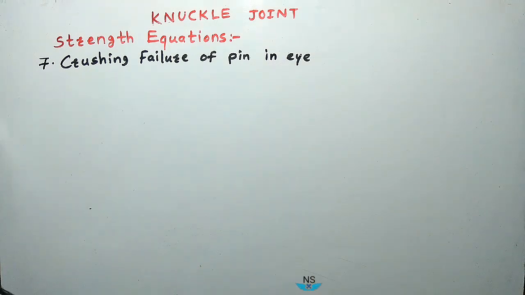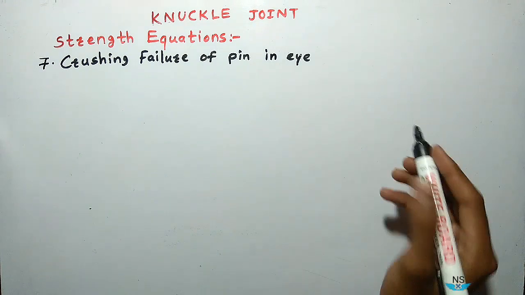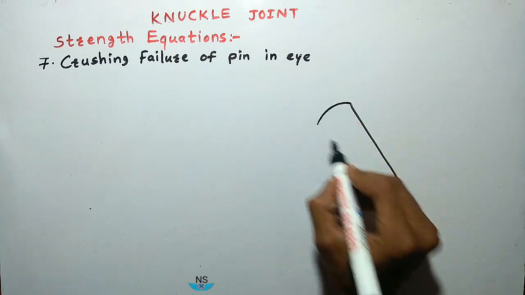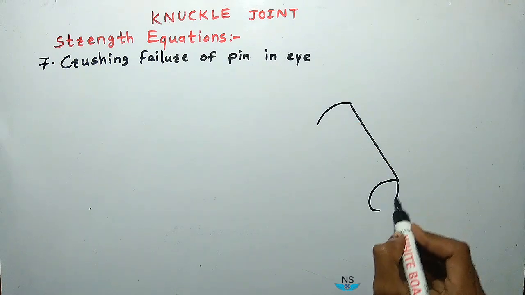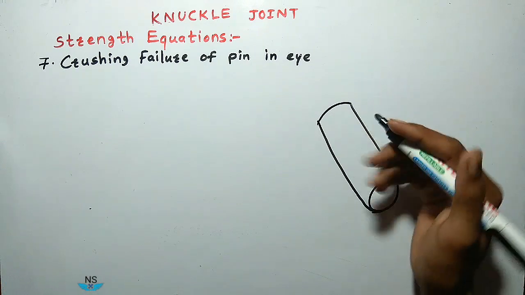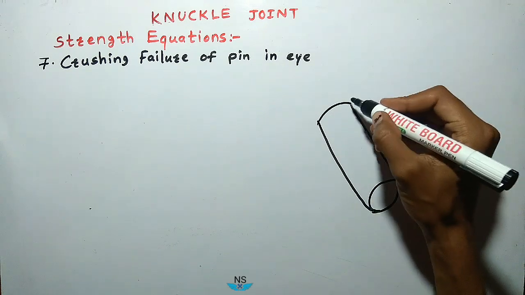Let us see the crushing failure of pin in eye. So this is the pin in eye. Crushing failure will take place on projected area.